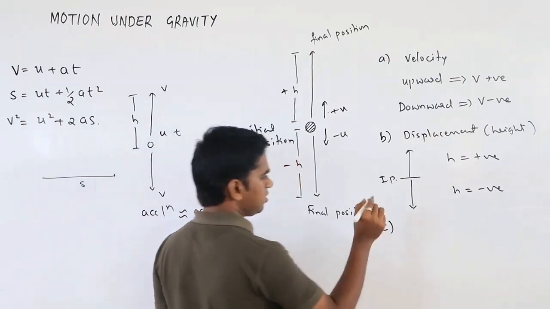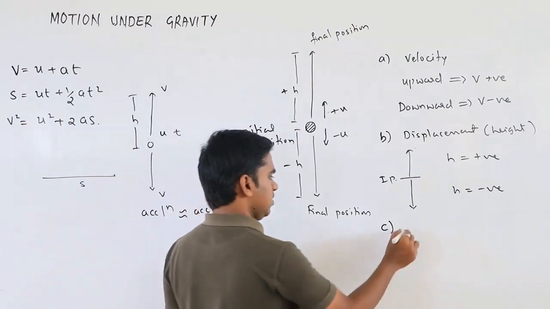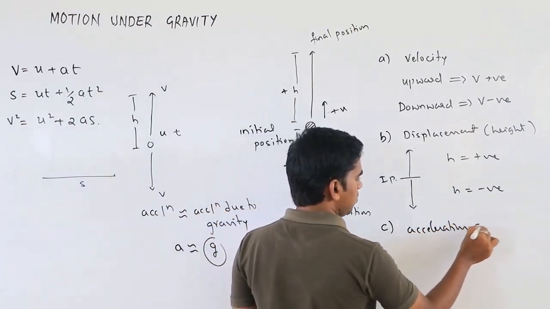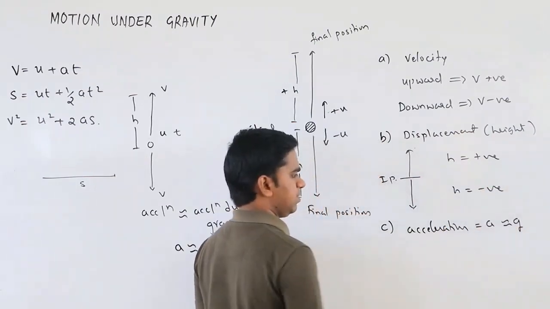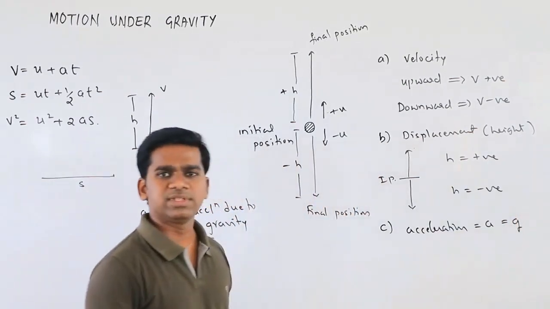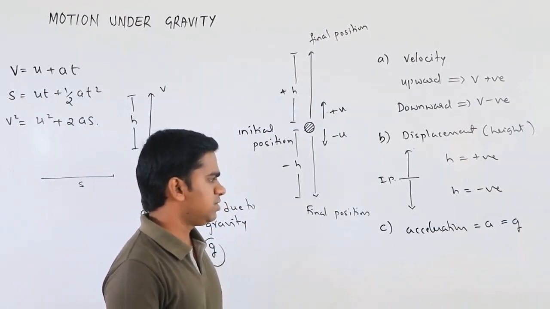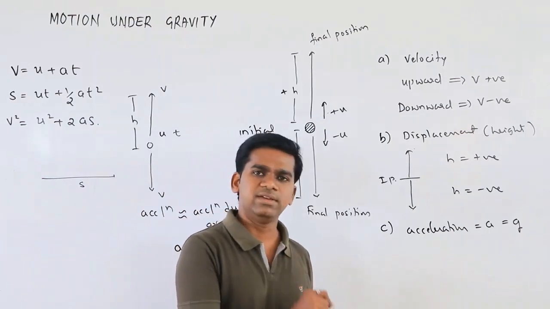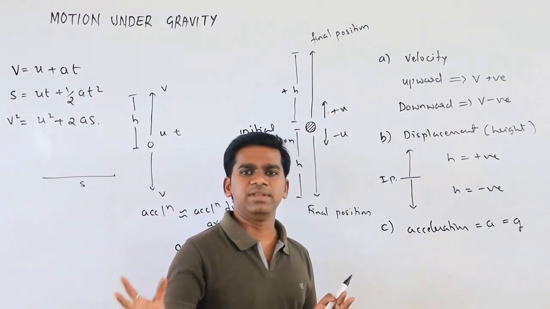The third very important point is about the acceleration. What about a? a is equal to g. We can take it as equal to g. Then what about the sign, positive or negative? We can change the sign, or we can fix the sign of g for the whole study, either positive or negative.